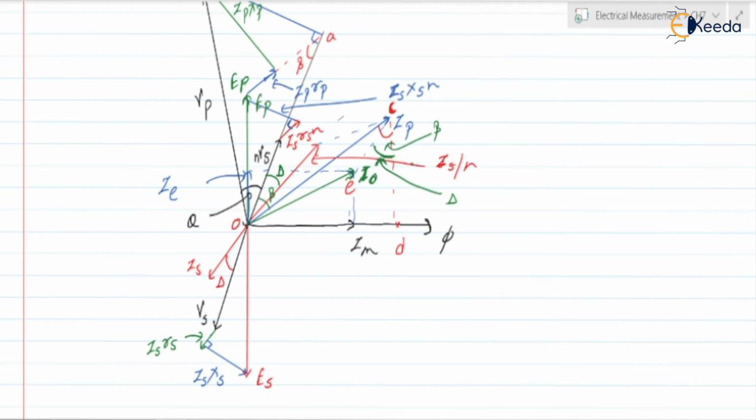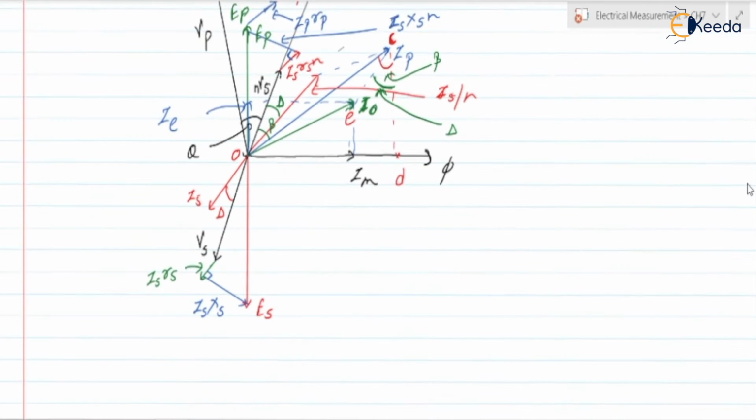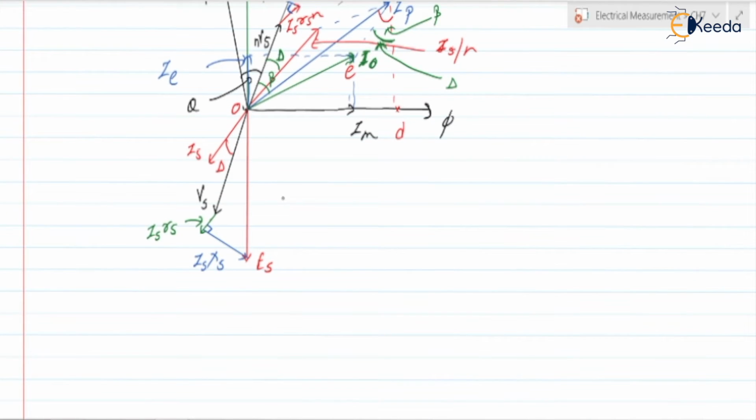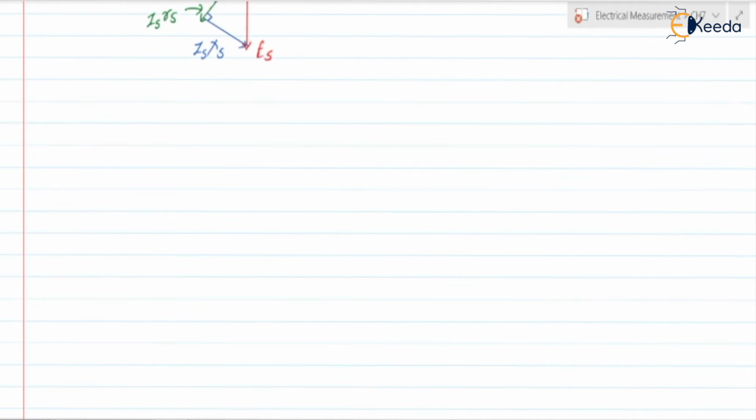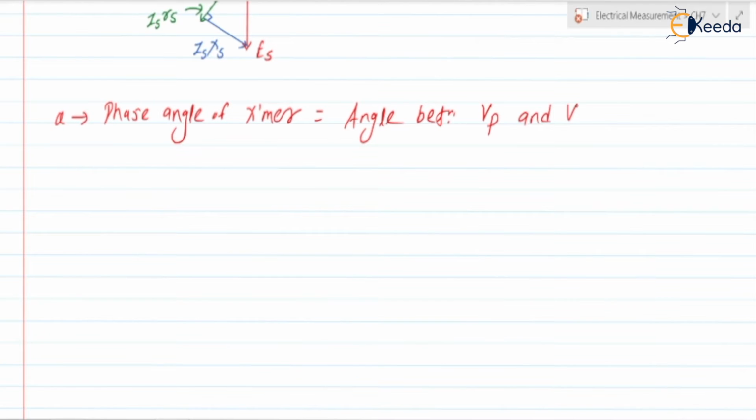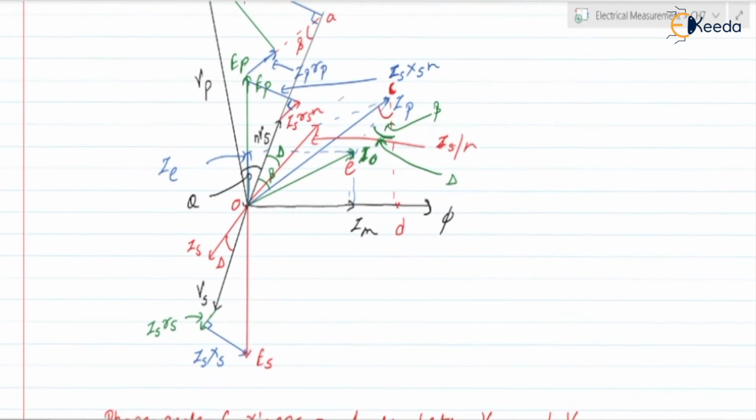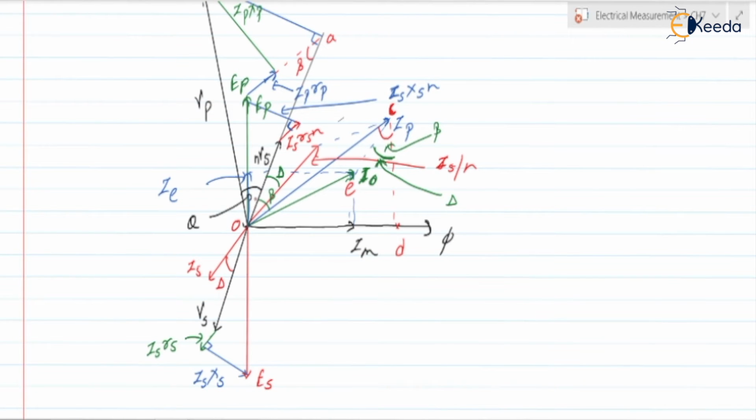Now, theta is the phase angle of the transformer, which is equal to the angle between Vp and Vs. If you check, the angle between Vp and Vs is theta.